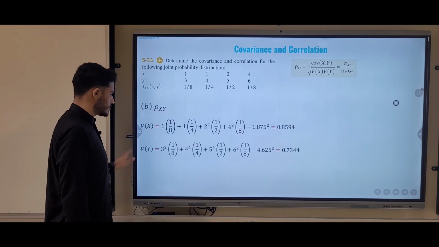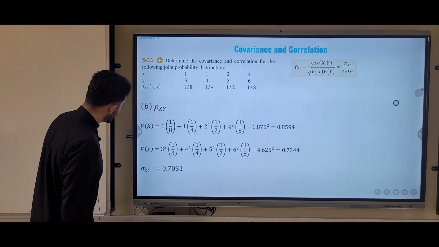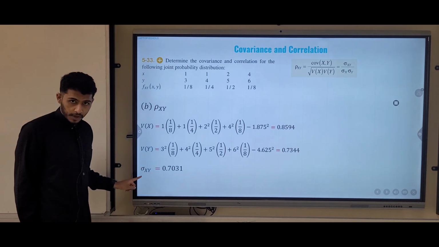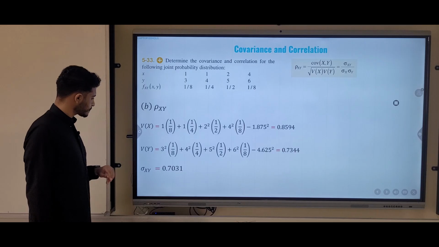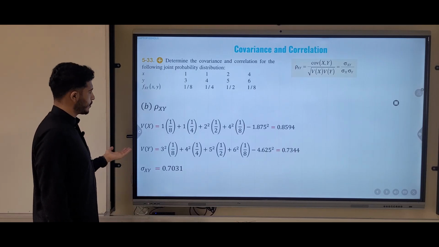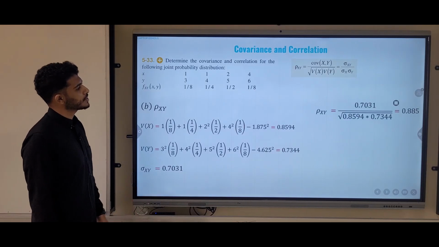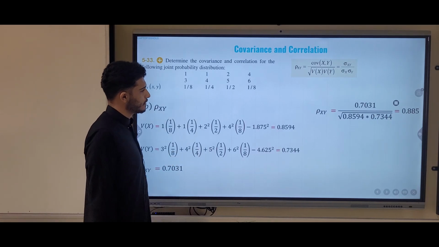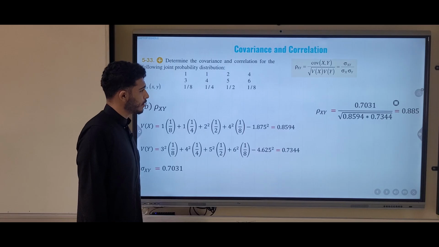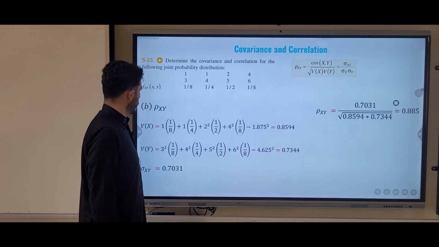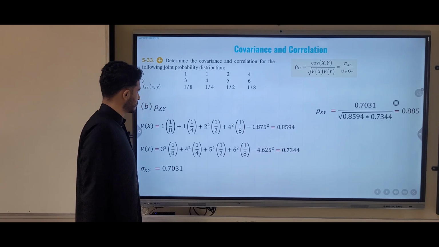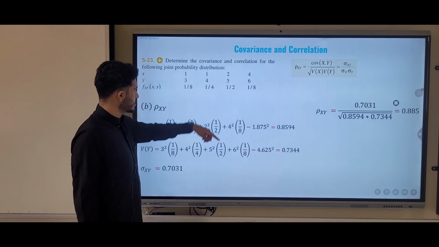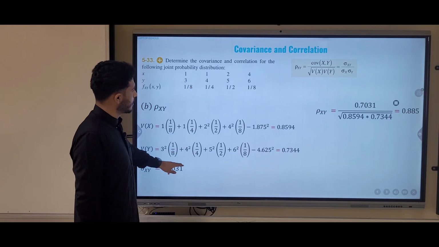Same thing goes for y, and the covariance we have already found, so good for us. With this, we have everything we need to find the correlation, and the correlation is 0.885, which means that there is strong, actually very strong, positive correlation between variable x and variable y. As we can see, if you increase this one, the other increases also, so it just makes sense.